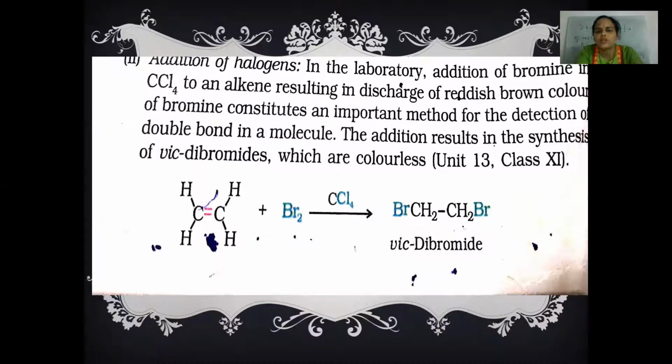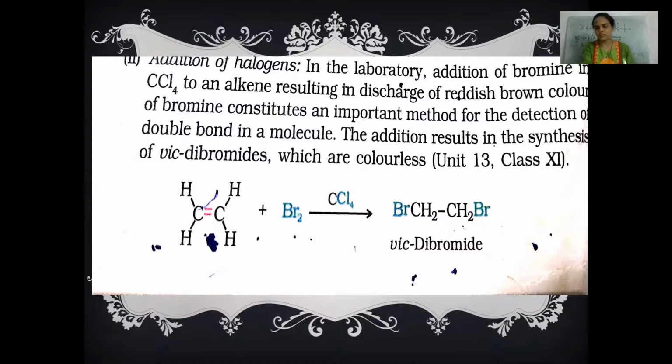So CH2 double bond CH2 on treatment with bromine in presence of carbon tetrachloride gives you vicinal dibromides, that is CH2Br, CH2Br. Vicinal means two adjacent carbon atoms carry halogen groups.